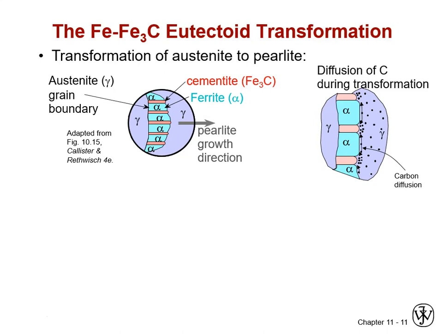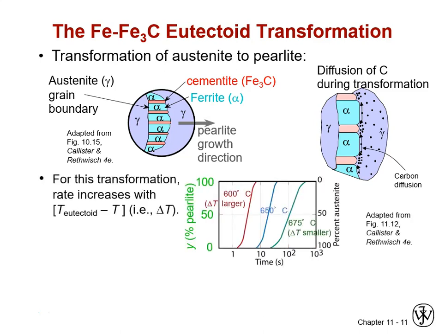And you can see those little black dots are the carbon atoms moving as fast as their temperature will allow them to diffuse to the cementite growth fronts, those pink layers, that's the Fe3C, and attaching in a 4-to-1 ratio with iron and leaving a depleted iron region to deposit as almost pure body-centered cubic iron and make more alpha between. So a lot of carbon diffusion is having to happen.